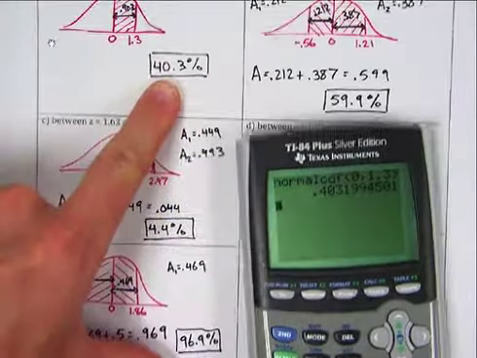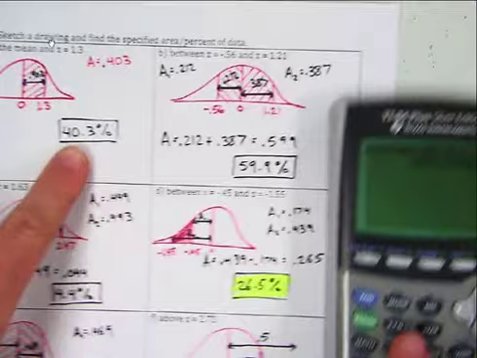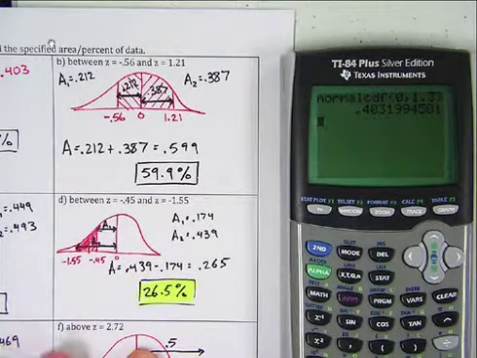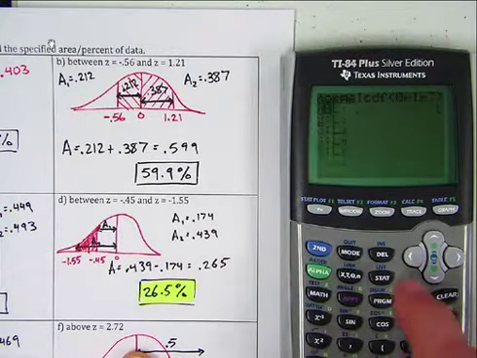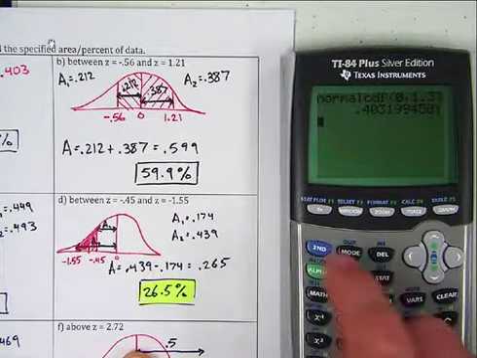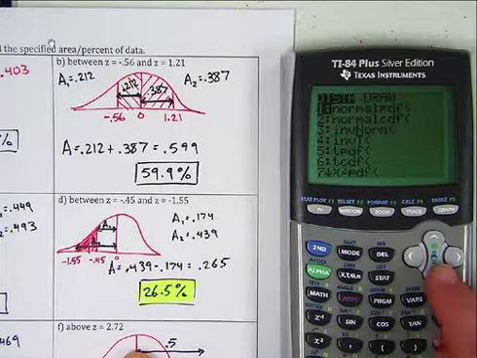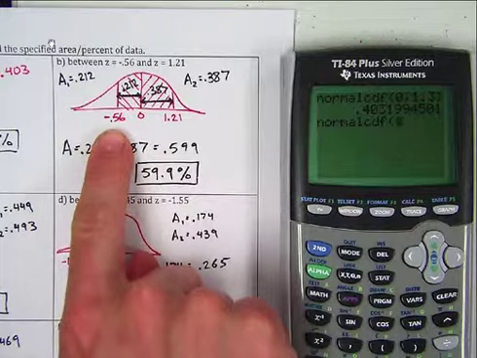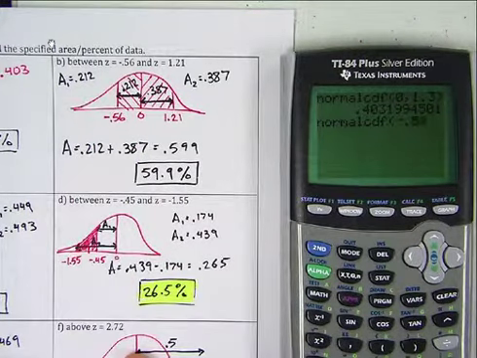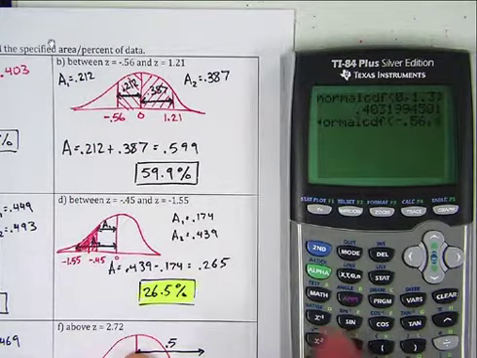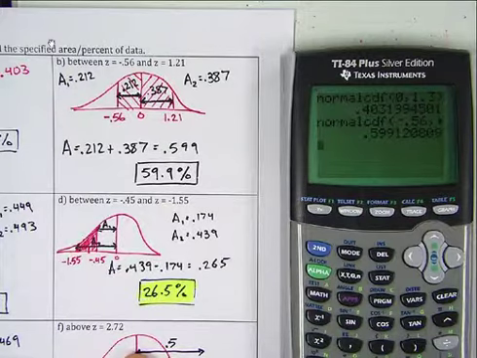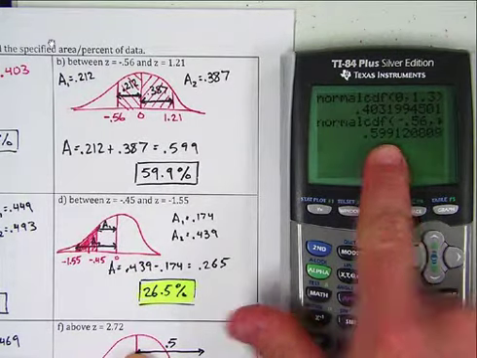Let's try it for B. Okay. So again, second DISTR, normal CDF. Our lower z-score is negative 0.56, comma. Our upper z-score is 1.21. And it verifies our answer of 0.599.